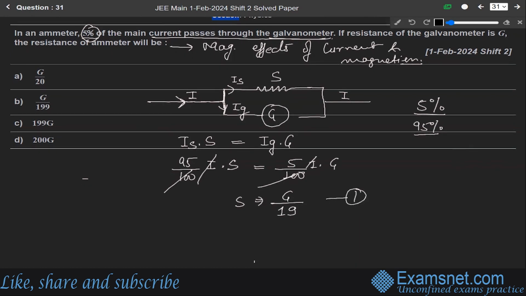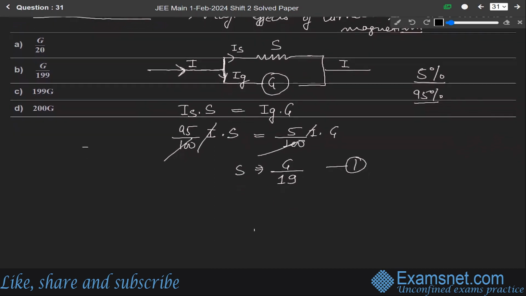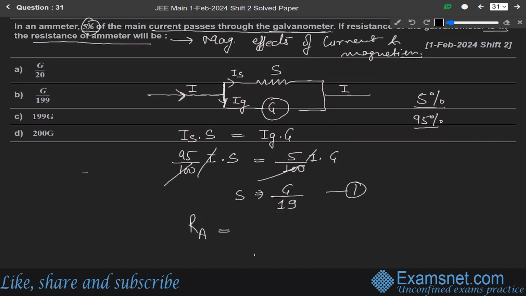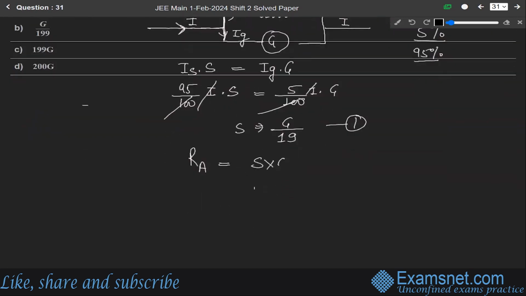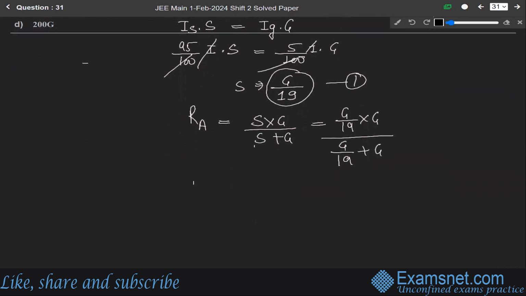We have to find the resistance of the ammeter. Since the shunt resistance and the galvanometer are connected in parallel, applying the parallel formula, S into G over S plus G, where S is G over 19, gives G over 19 into G over G over 19 plus G. Solving it, the resistance of the ammeter will be G square over 19 over 20G over 19.